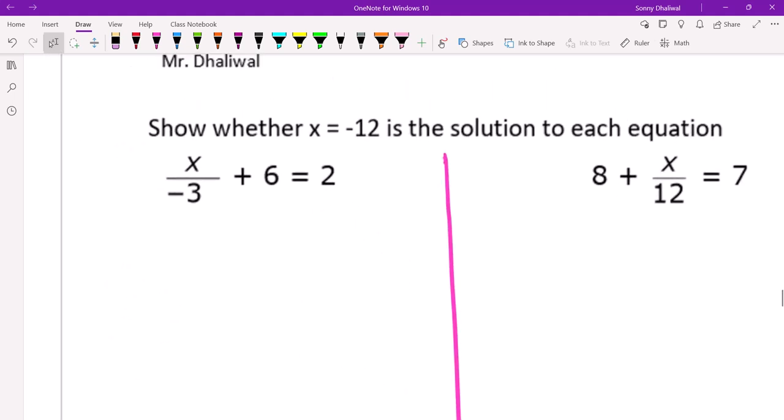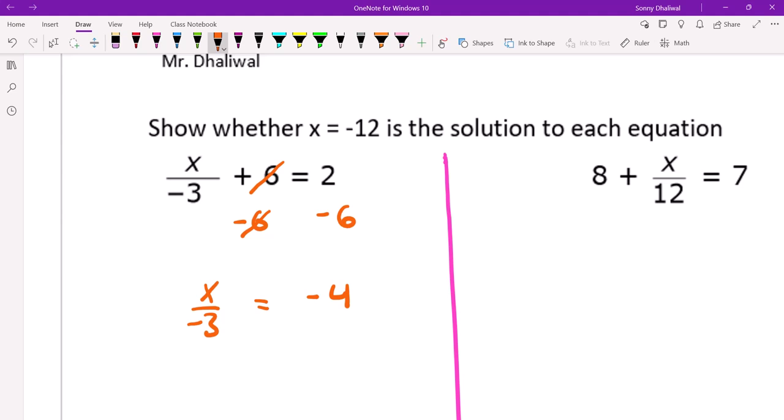First, we want to subtract 6 from both sides. The 6's go away. X over negative 3 equals negative 4. That's where most of you are going to make your mistake. That's why we need to practice warm-ups in the morning. Then how do we get rid of that 3?